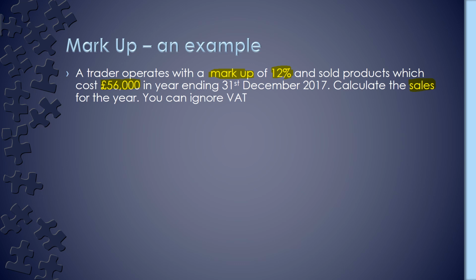Okay, so first of all, let's go back to basics, and let's think about what we're representing here. So we're going up, so we're basing everything we're doing on cost of sales. So everything is being based on cost of sales, therefore it must equal 100%. So if our cost of sales equals 100%, we're going to be working with 56,000 as our 100%.